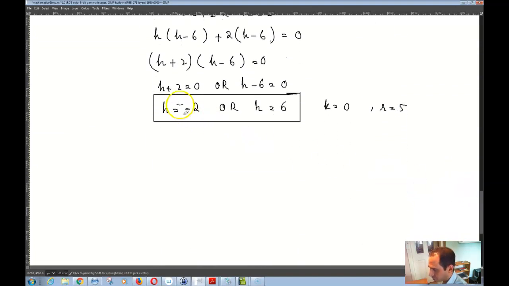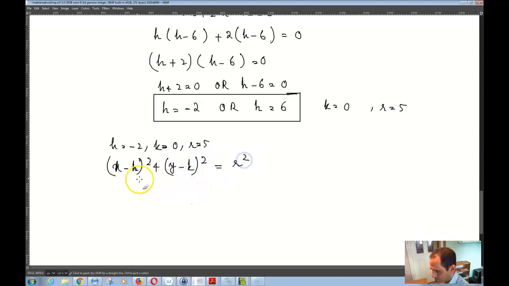Now the equation of the circle, if h is equal to negative 2 and k is equal to 0 and r is equal to 5, becomes x minus h whole squared plus y minus k whole squared is equal to r squared.